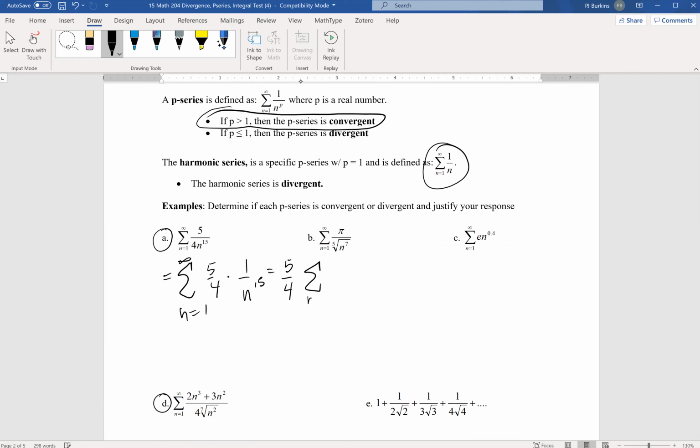There is no n in it, therefore it can go in and out of the sum freely. So now this looks exactly like what I expect, 1 over n to a power. That power p in this case is 15, which is obviously greater than 1. Therefore, it converges by p series.